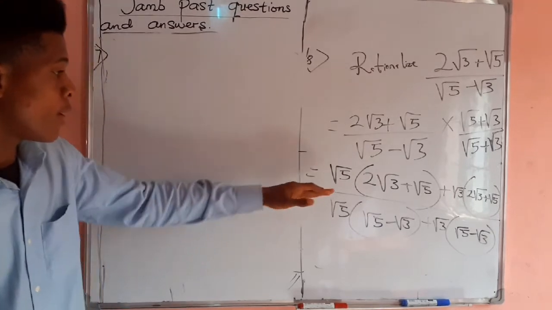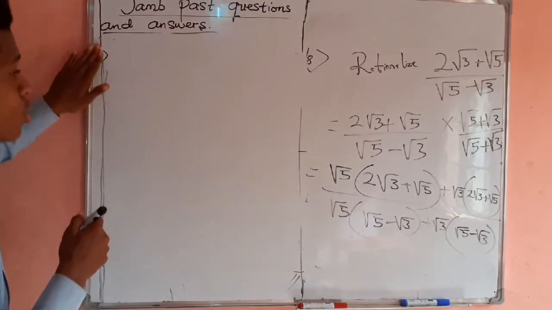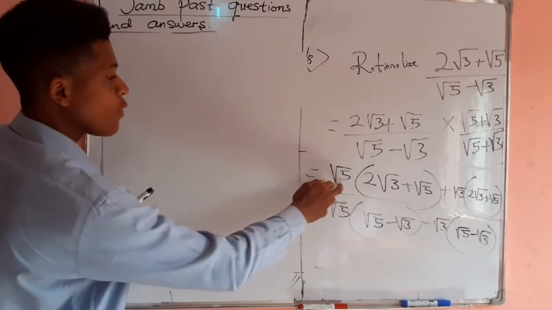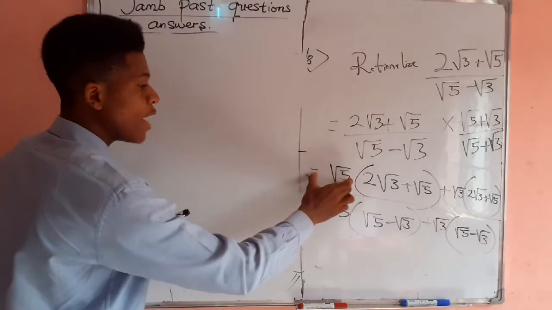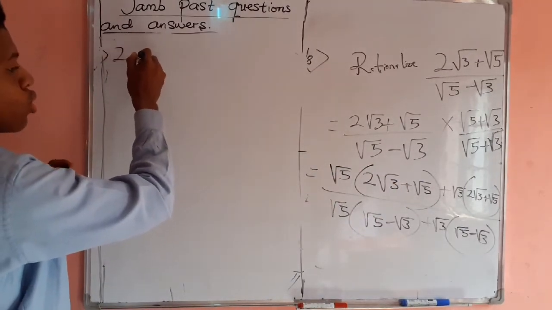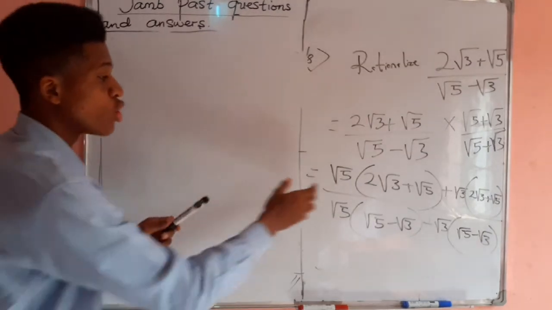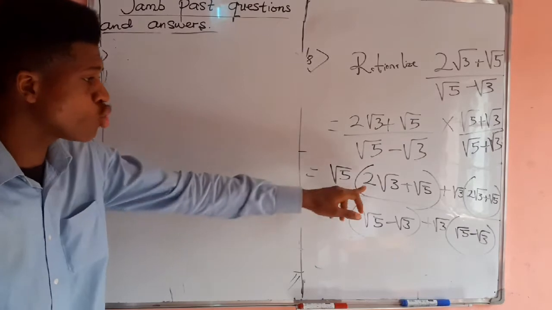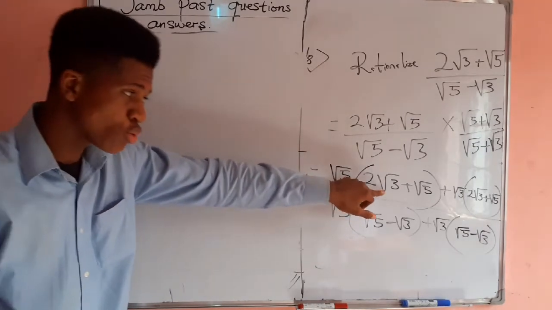Okay, if root 5 now multiplies everything here, it will be root 5 times 2 root 3. Only the roots will multiply themselves because 2 has no business with root 5. Root 5 is just dealing with root 3.